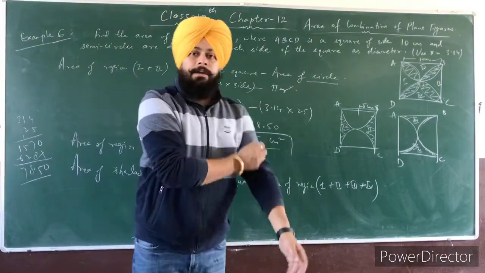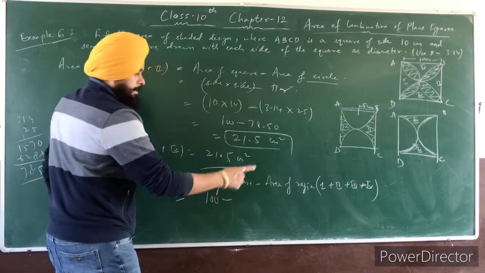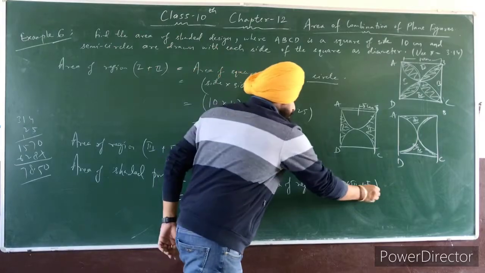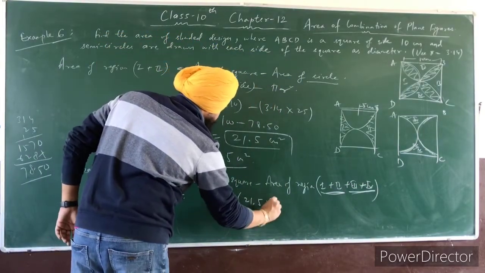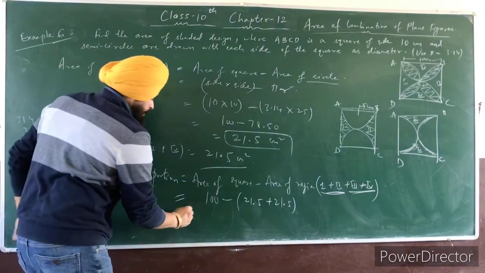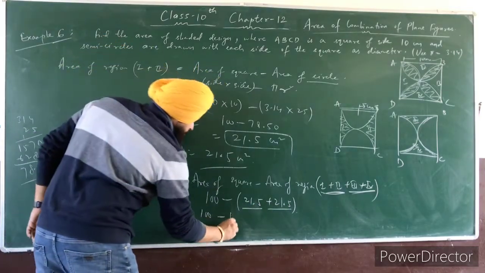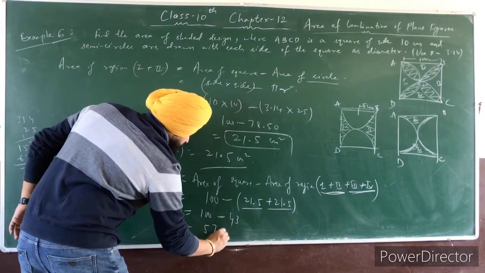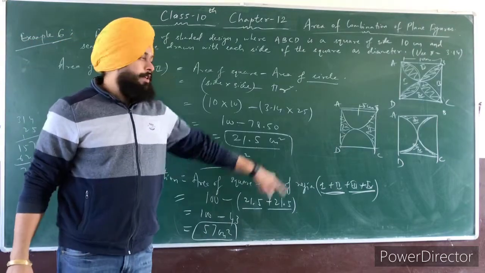That is again side into side, and the side of the square is 10 centimeters. So 10 times 10 is 100, minus area of regions 1 and 2, which is 21.5, and area of regions 3 and 4 is again the same, that is 21.5. So you have to subtract 21.5 and 21.5 from this 100. 21.5 plus 21.5 is 43, and 100 minus 43 is 57. 57 centimeter square is the area of this shaded region.